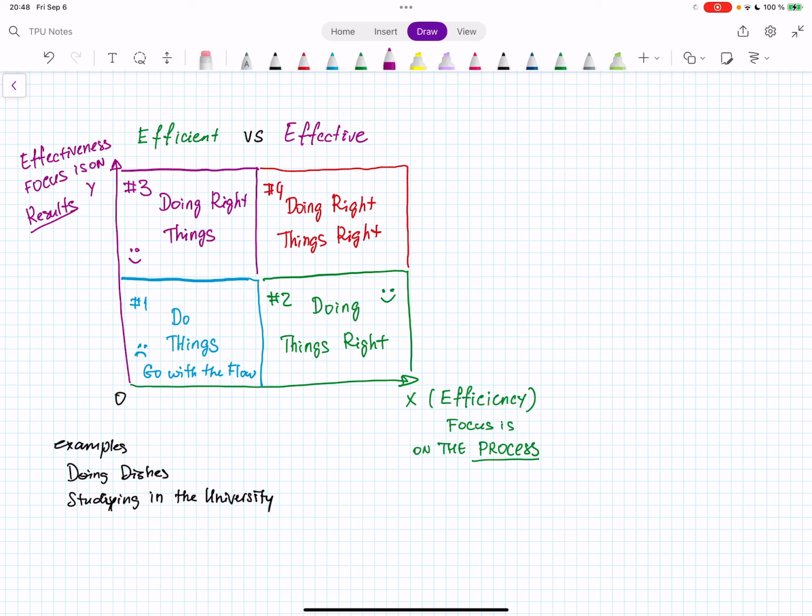So this is the first idea, as we talked about, efficient and effective. Whoops, sorry. Oh, yes, in the first line.